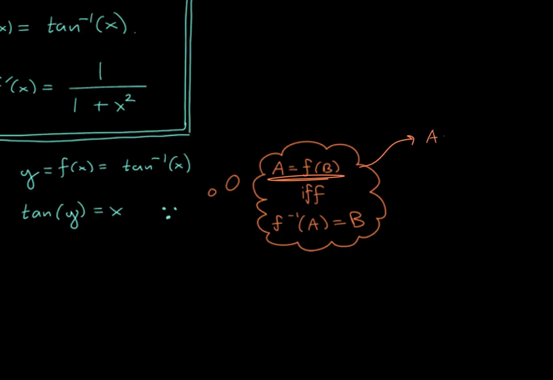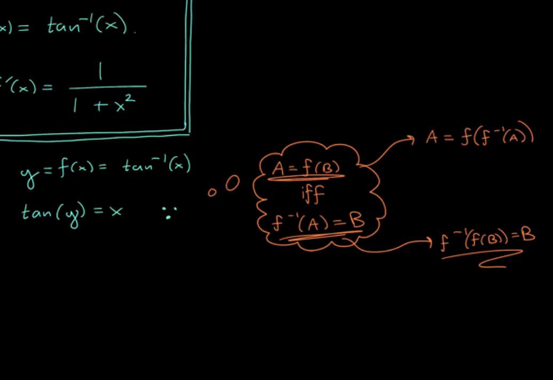That means I can rewrite this as a is the same thing as f of f inverse of a. Indeed, that's kind of like a defining property of inverse functions. But also, both of these are simultaneously true, which means that a has a different name, and that's f of b. This is a review. In other words, f inverse of f of b must be b.